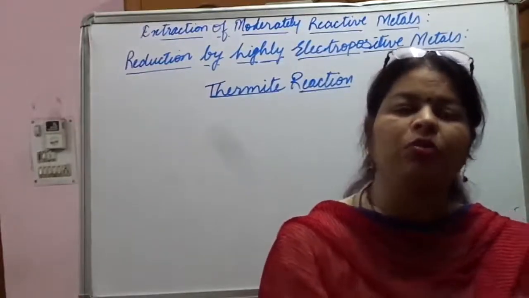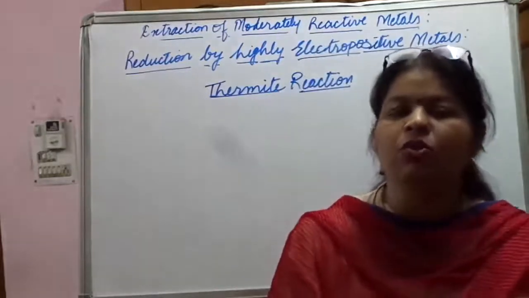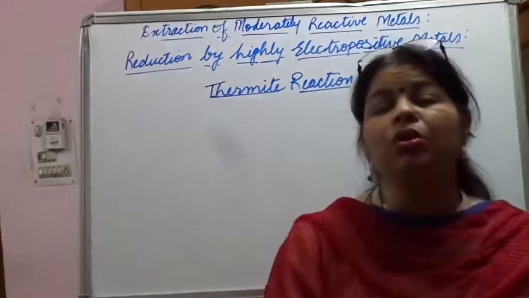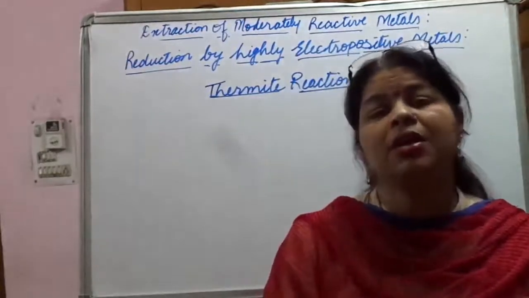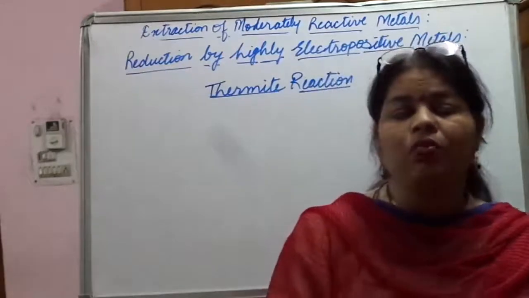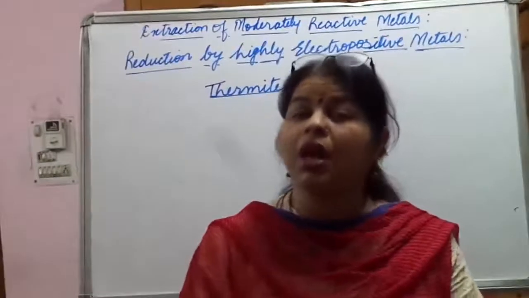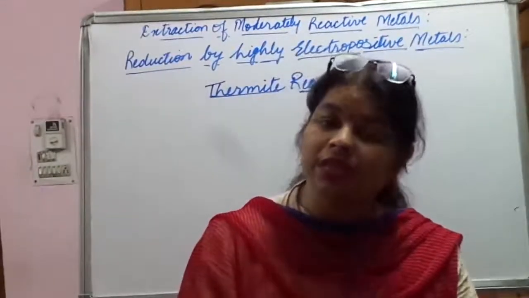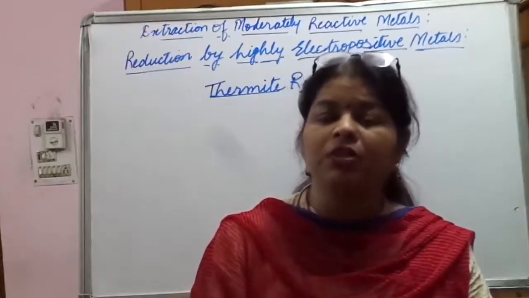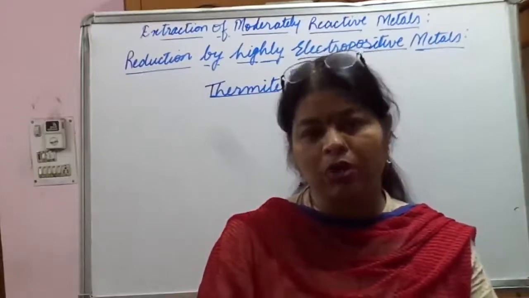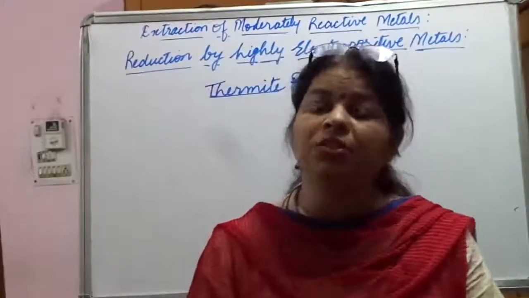We are going to learn about the extraction of iron by the thermite process. So how do we denote this thermite reaction in the form of a chemical reaction? A mixture of iron(III) oxide, where the valency of iron is 3, that is ferric oxide, and aluminium powder is ignited with a burning magnesium ribbon.